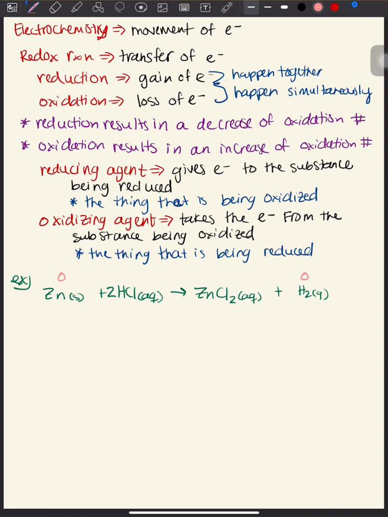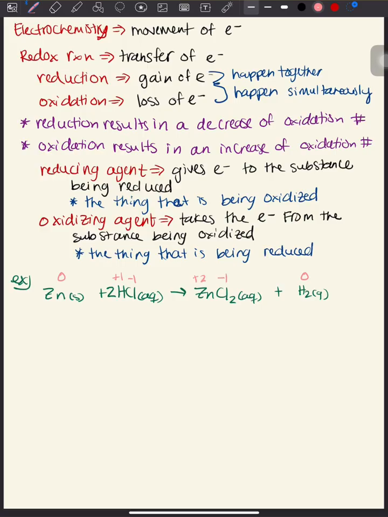Now, most oxidation numbers in ionic compounds are just going to be the charge of the cation and the anion. And then in molecules, hydrogen will be +1. So here, my hydrogen is going to be +1. That means my chlorine is -1. Zinc is +2.